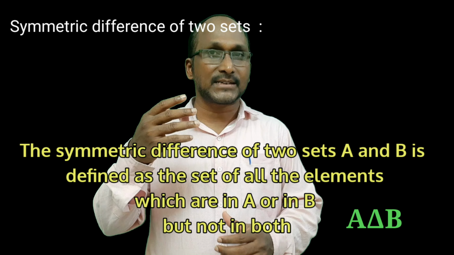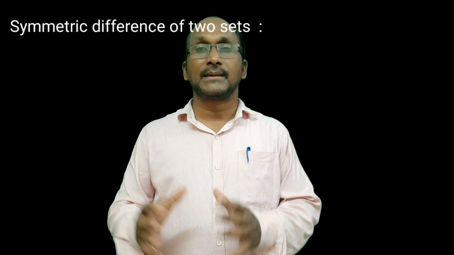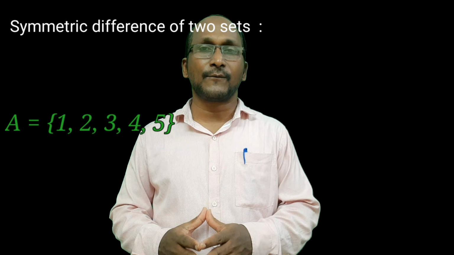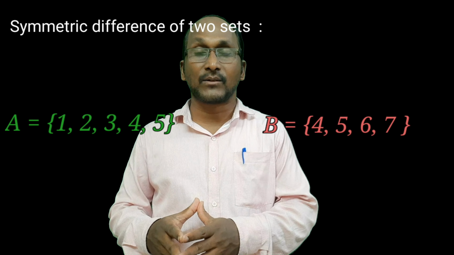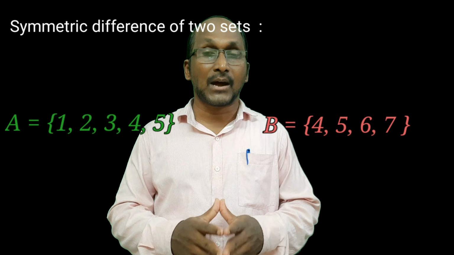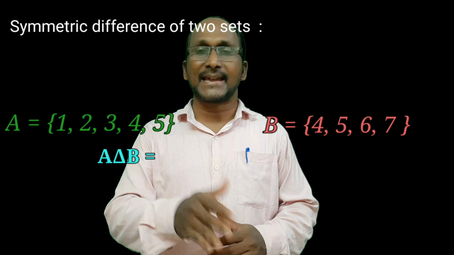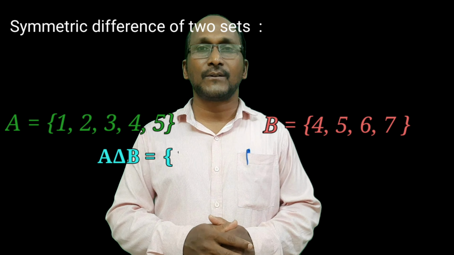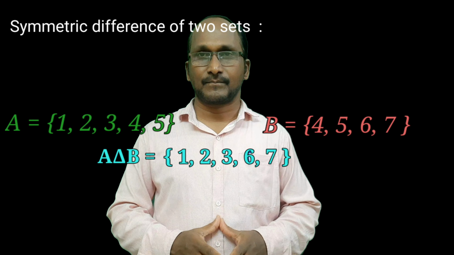Now let us try to understand this operation with some example. A is equal to set of 1, 2, 3, 4, 5 and B is equal to set of 4, 5, 6, 7. Now by the definition, A delta B can be taken as set of 1, 2, 3, 6, 7.